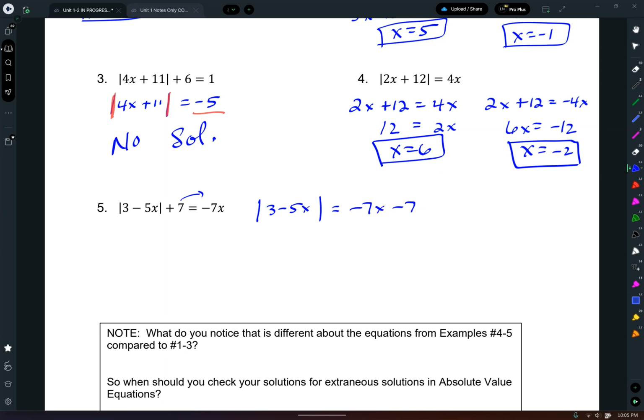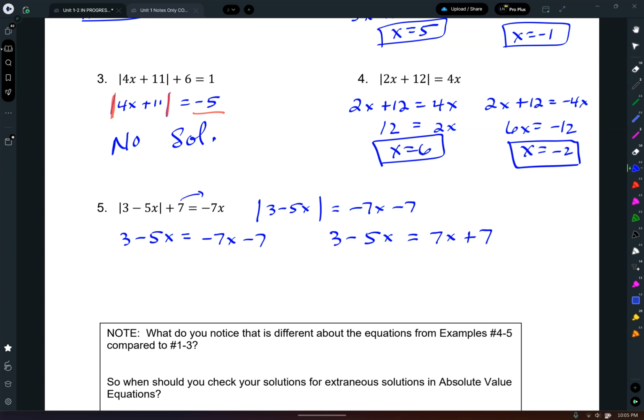So my two equations would be either 3 minus 5x equals what's there, negative 7x minus 7, or 3 minus 5x equals negative of that. But if it's negative of the whole thing, it's going to become positive 7x plus 7. Okay, so let's solve each one.